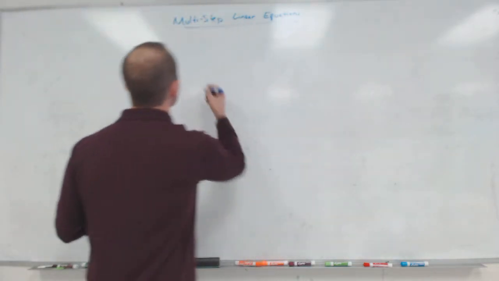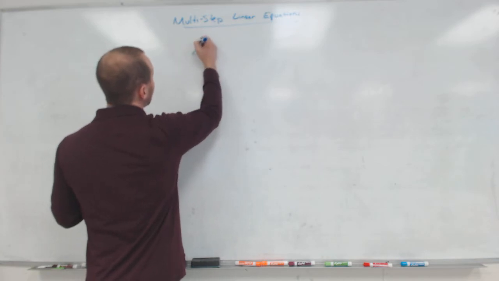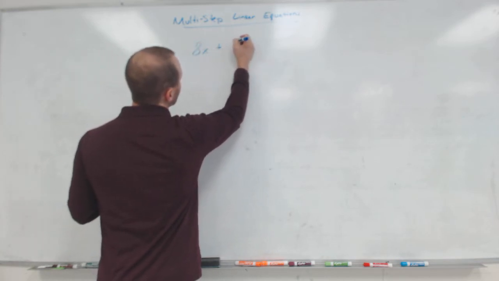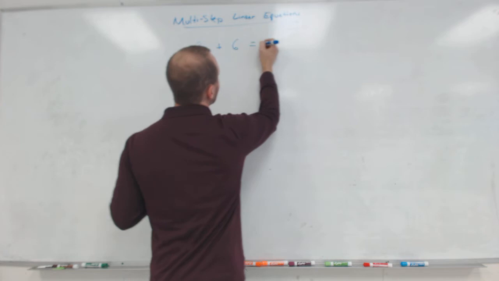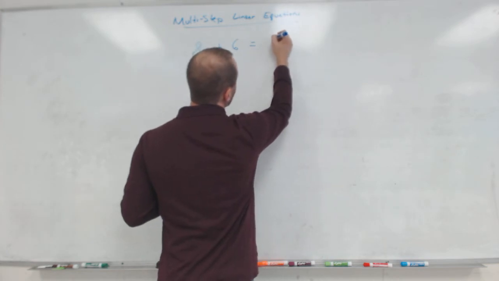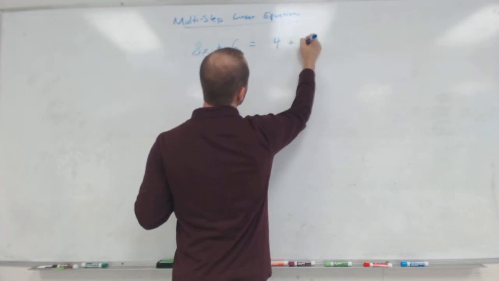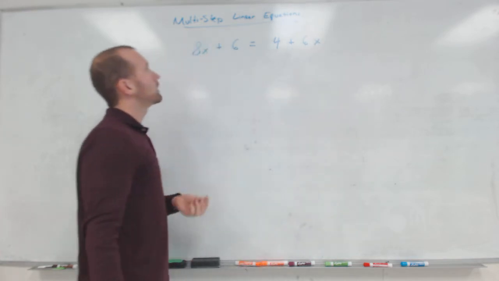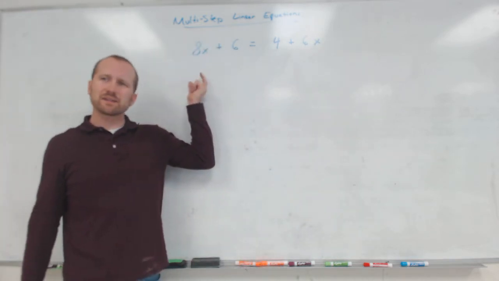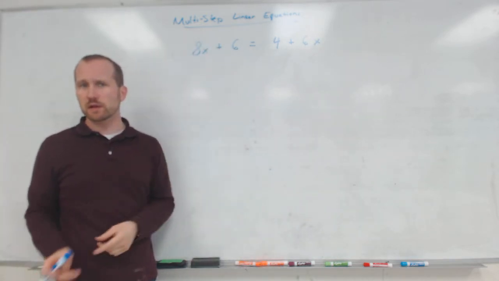So first I want to look at something like this. 8x plus 6 equals 4. So this is really not that much more than a two-step problem.